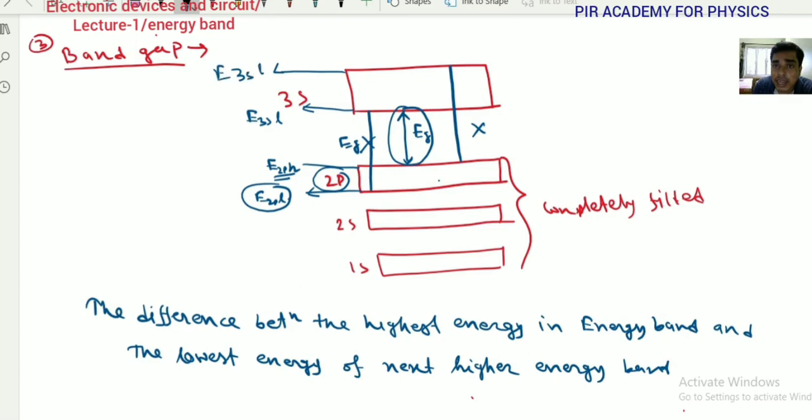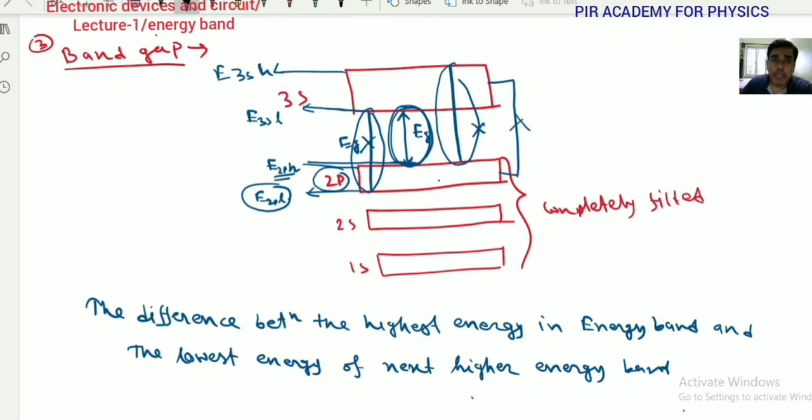That means the energy difference between the highest energy of one energy band and the lowest energy of the next higher energy band is the band gap. This is not a band gap. This is not a band gap. This is the band gap. Now I have explained what the band gap is.